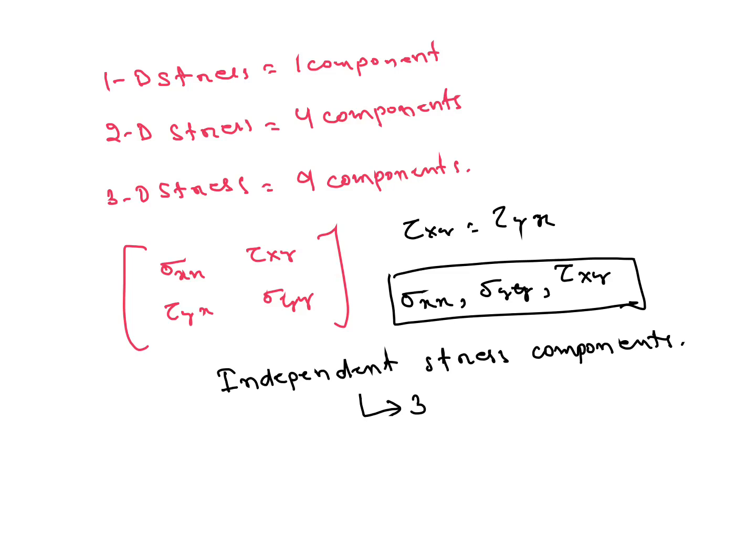So independent stress components for 2D is 3 and for 3D it's 6.